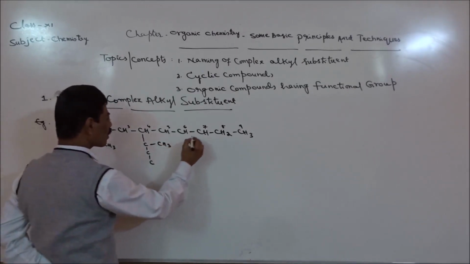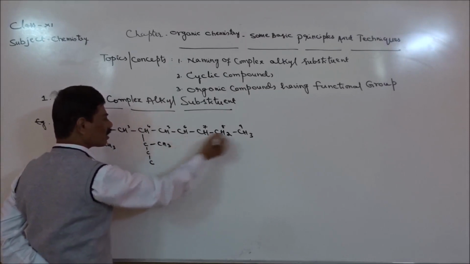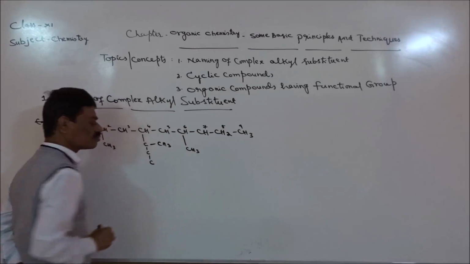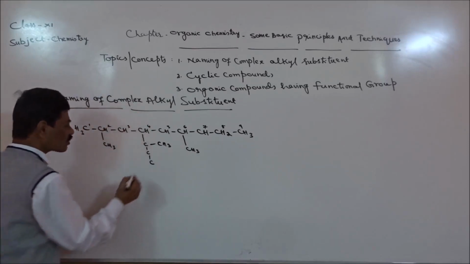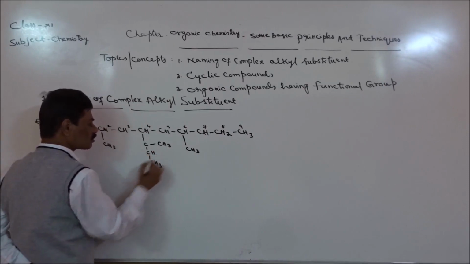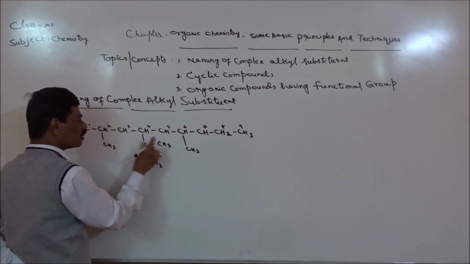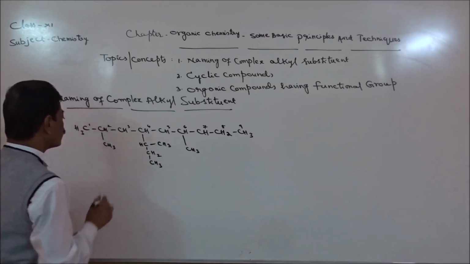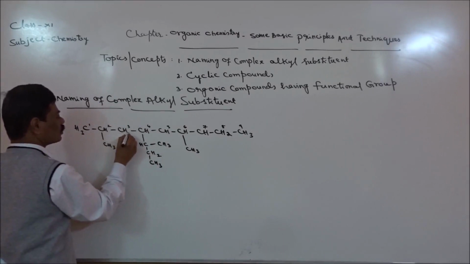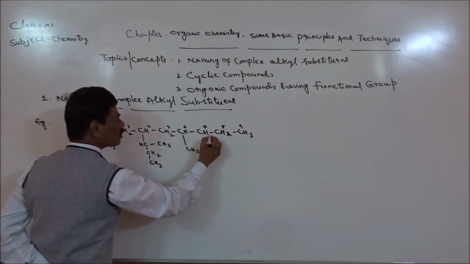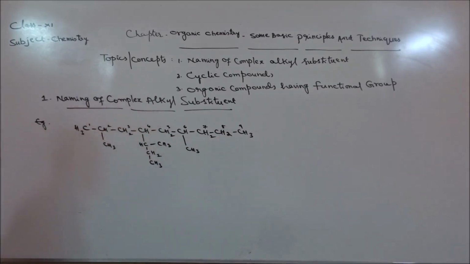Now, the 7th carbon atom or 6th carbon atom, we can take any carbon atom, and here I am adding a methyl group. Now, to satisfy valency of each carbon atom, I will go on adding hydrogen atoms. 1, 2, 3, 4. Here 2, 1, 2, 3, 4 satisfy, here 2, and here 2. Now, valency of each carbon atom is satisfied.